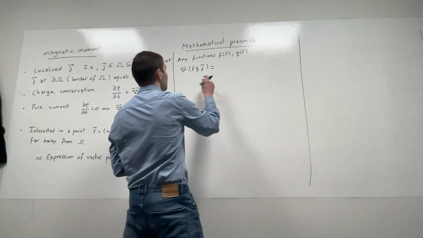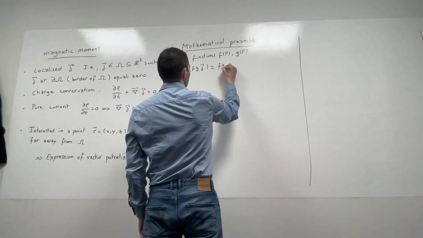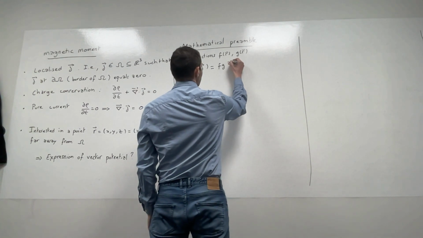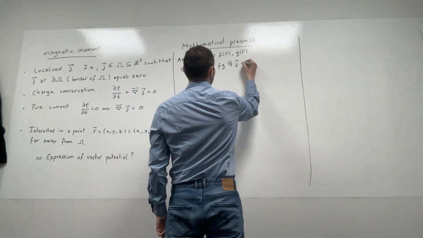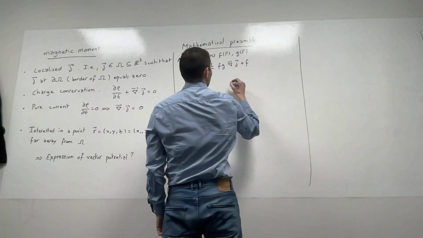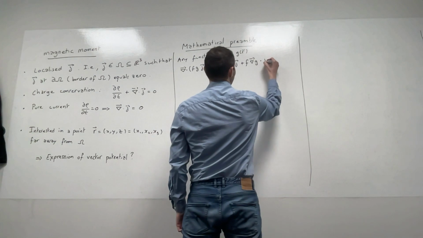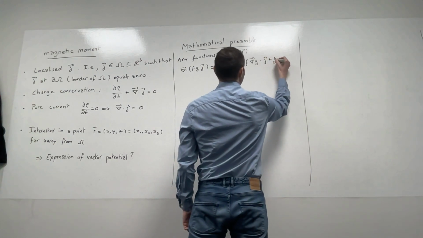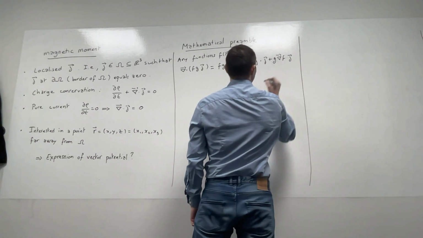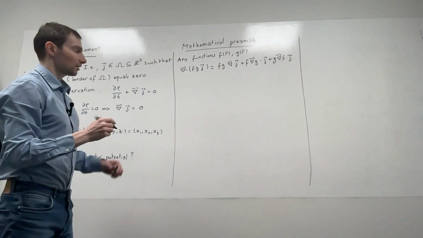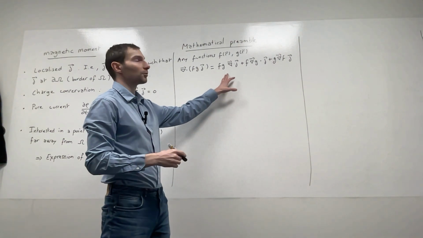So the bottom line is that I'm going to get fg times the divergence of j, plus f times the gradient of g dot j, plus g times the gradient of f dot j. Okay, so that's what we obtain.